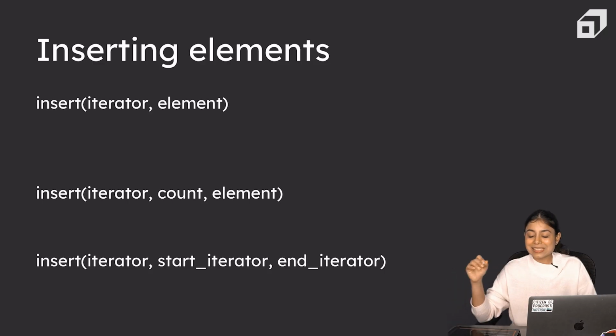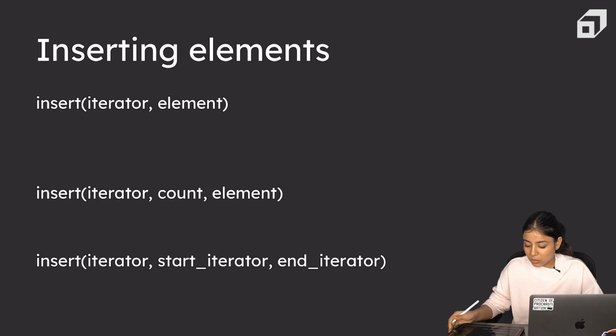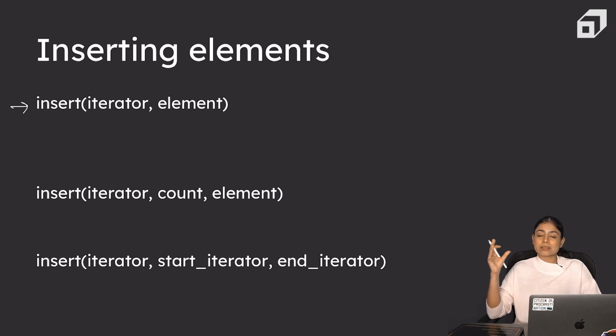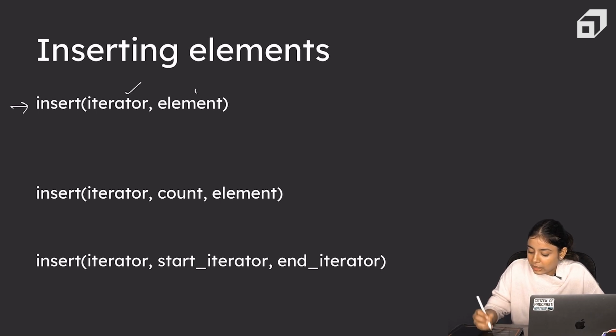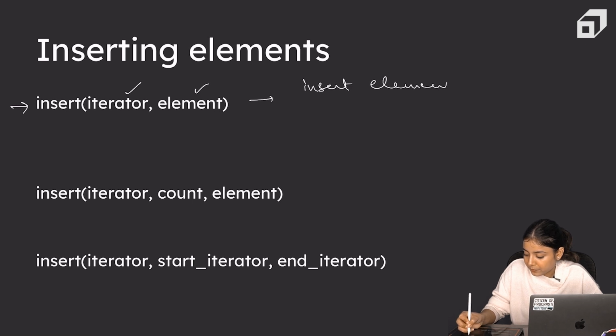Let's talk about inserting elements now. To insert elements, we have a function called insert. If I want to insert any value into my list, in the insert function we pass the iterator and the element. What this does is it will insert the element before the iterator.